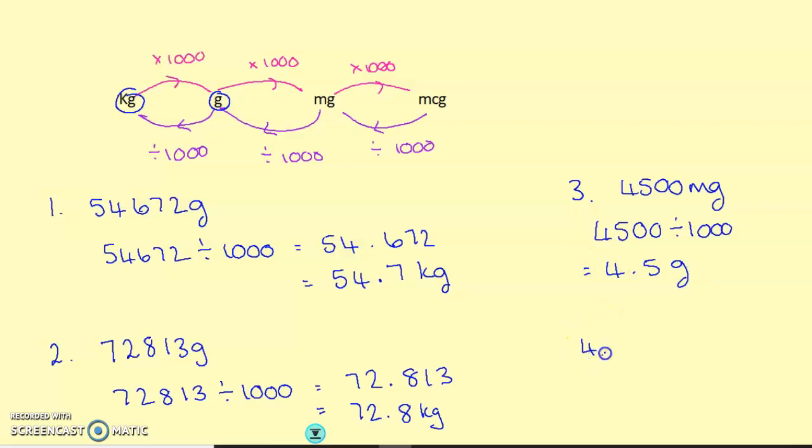Let's try another one like that. If I had 7,852 milligrams, I want to go from milligrams to grams. Oh dear, it's too late at night for me right now.